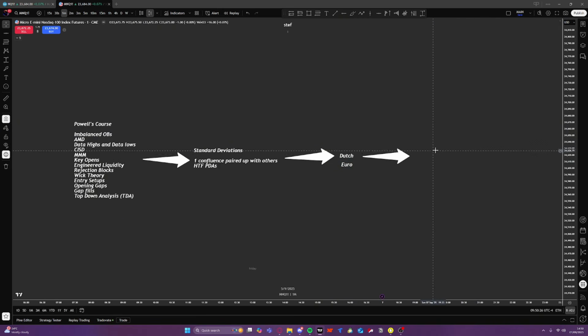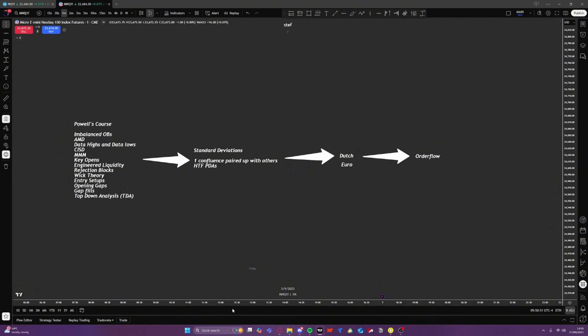His concepts are pretty good. I use them quite a lot, to be fair. But if you're just looking for more knowledge or how to get to the tick precise entries, then go ahead and learn order flow.